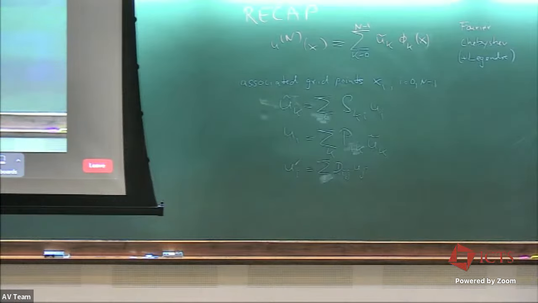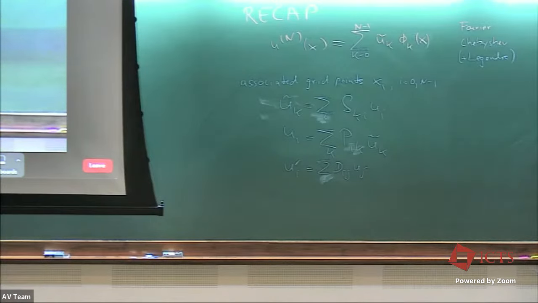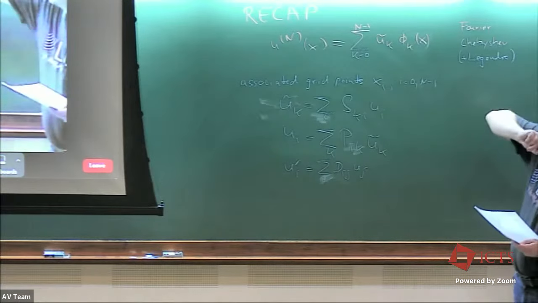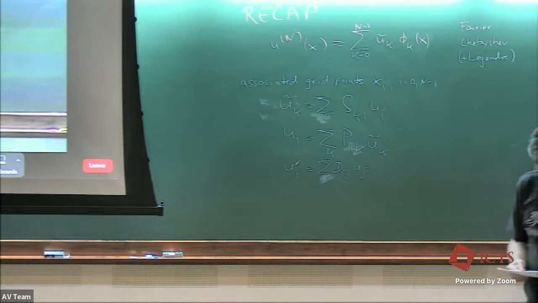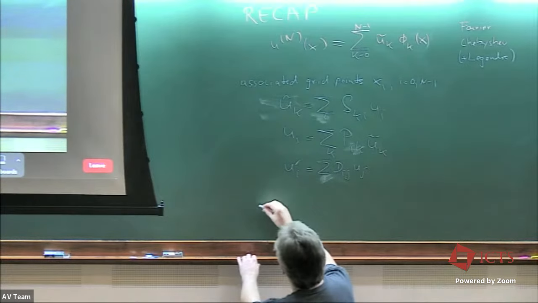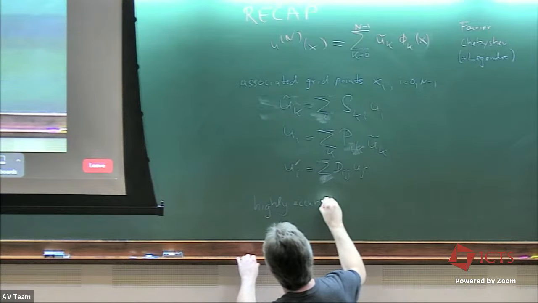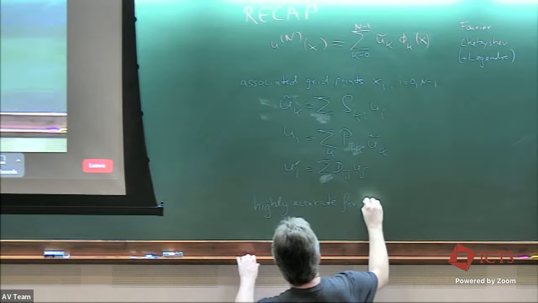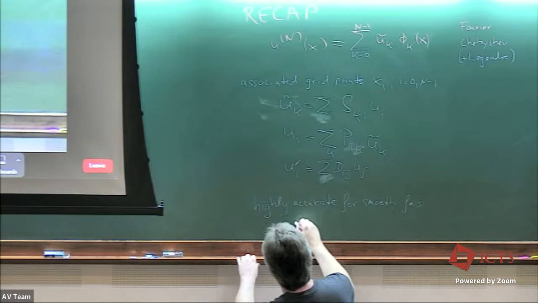And the really nice thing in all of this is that all of this works with astounding accuracy if you're using the right grid points and if you have smooth functions you are working with. Highly accurate for smooth functions, plus correct grid points.